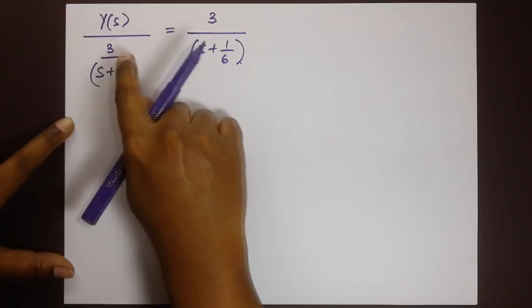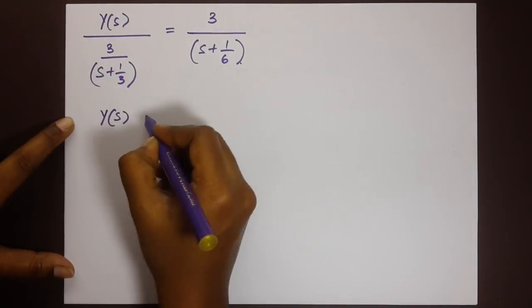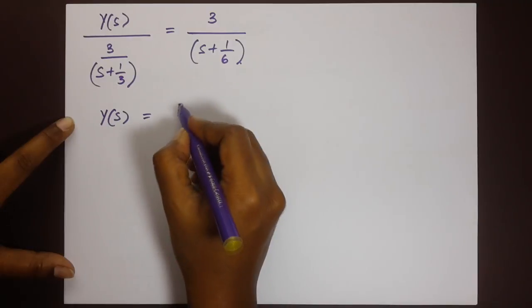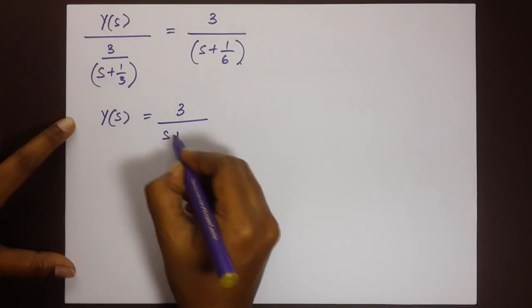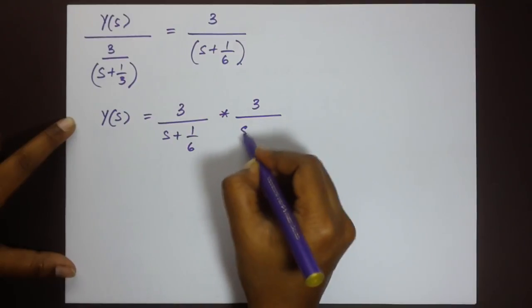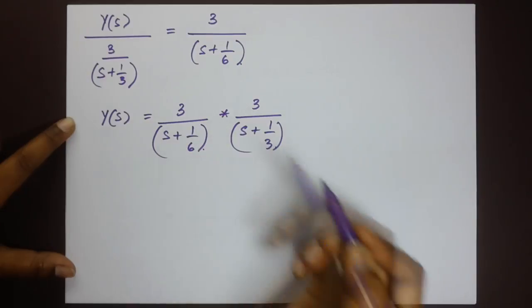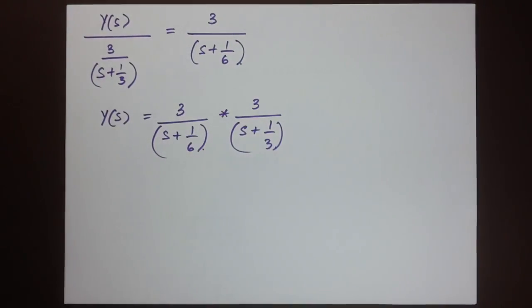We are now going to take this term to the other side, and we get the expression for Y(s) as 3/(s + 1/6) times 3/(s + 1/3). Okay, so this is what we have now. In order to solve this further, it is important for us to find the partial fractions.